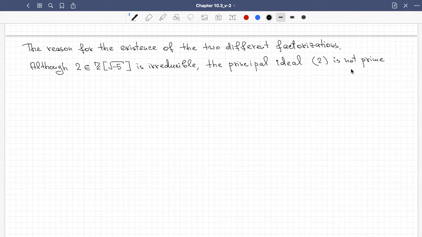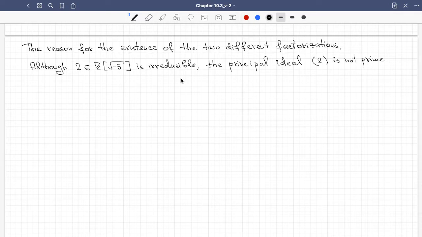Typically, up to this point in this class, all principal ideals generated by irreducible elements were prime. We did not emphasize that, but now we see the distinction. The element is irreducible, while the ideal is not prime. Let me justify this claim.